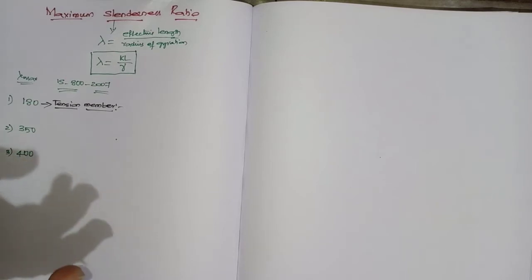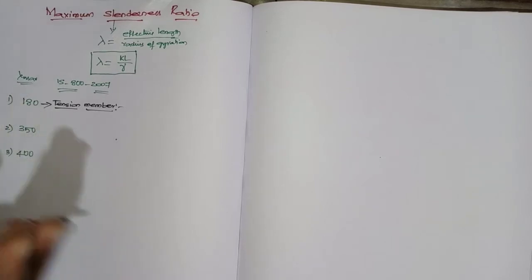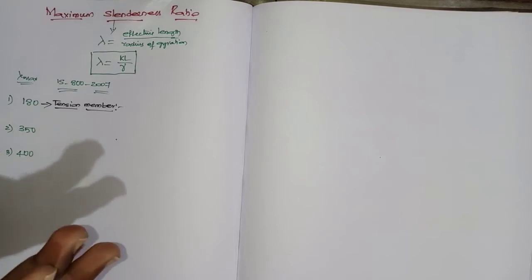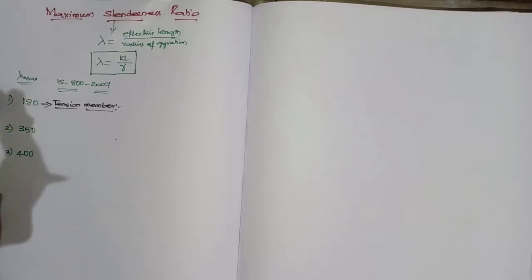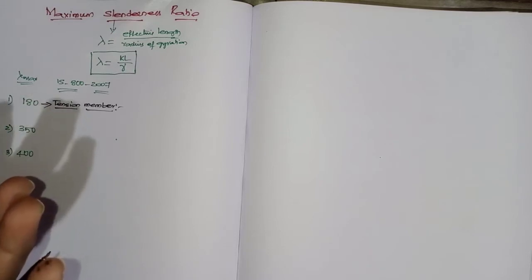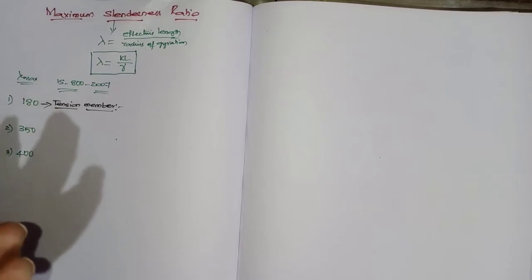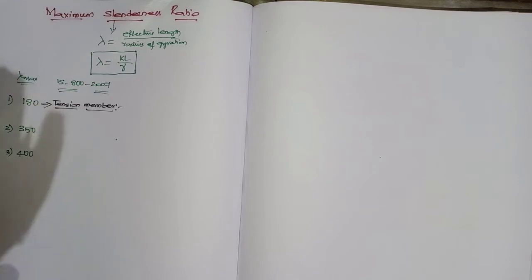Other than that, if any reversal of stresses in the tension member may occur, in that situation it will fail. Reversal of stresses means we have designed it as a tension member, but suddenly some reversal of stresses happened, and compressive load is coming onto that one. In those situations, the tension member will fail.